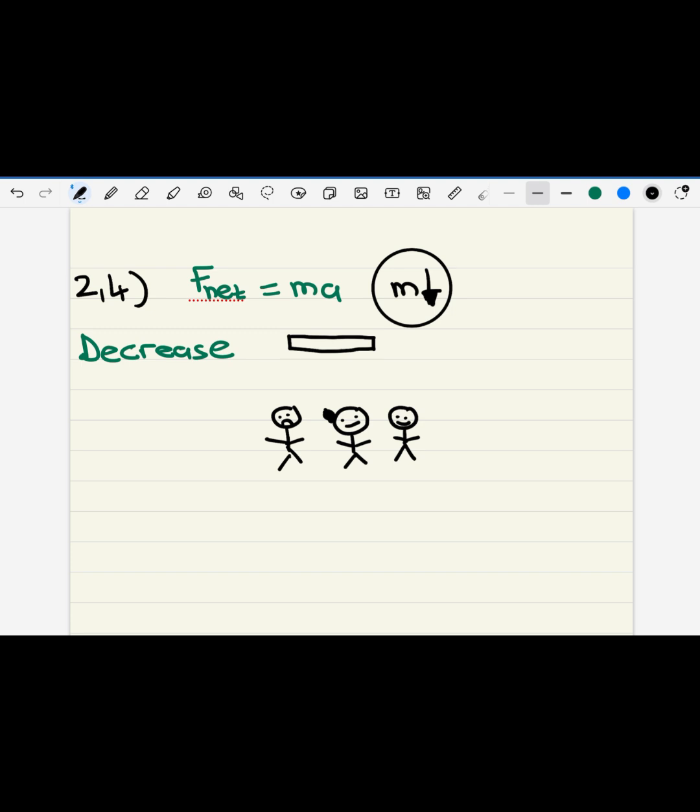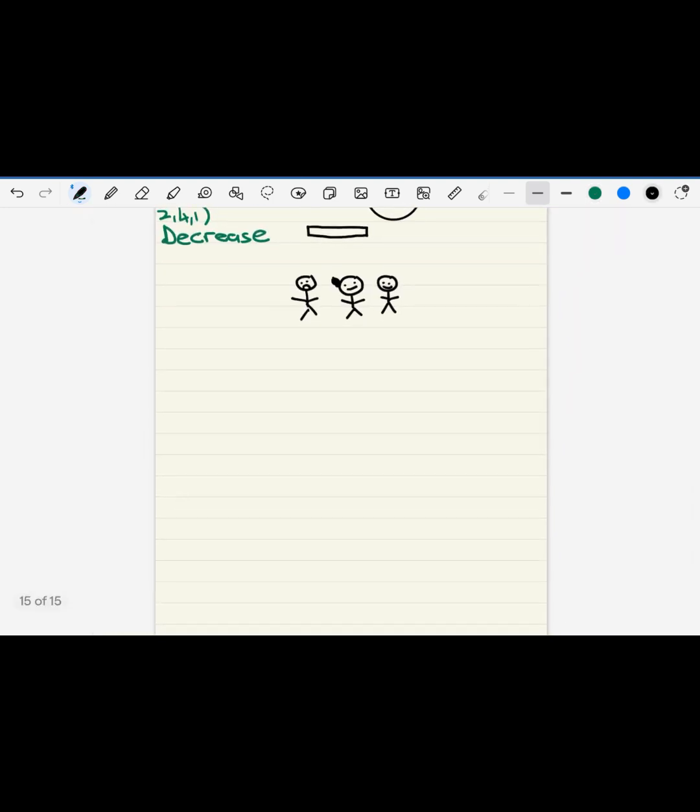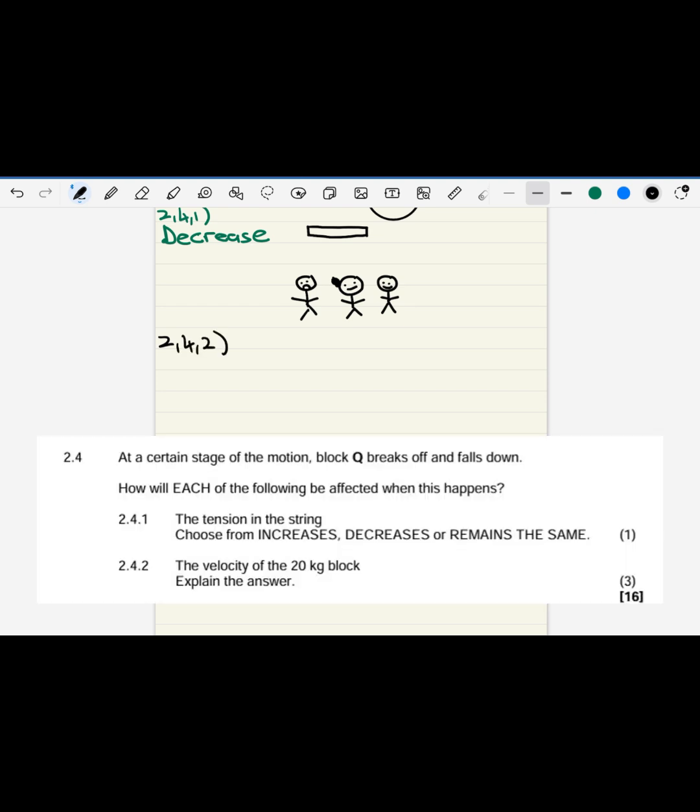So that is how you can answer question 2.4.1. Moving on to question 2.4.2. The velocity of the 20 kilogram block. Explain your answer. The answer is, after much deliberation, decrease. Let's think about this. What do we know before the mass decreases?